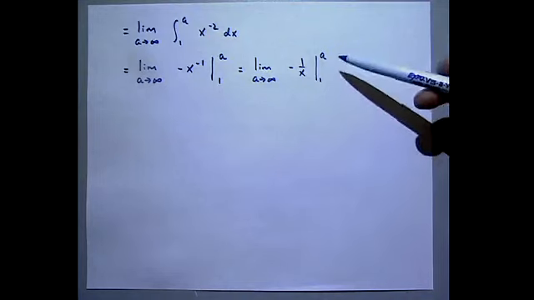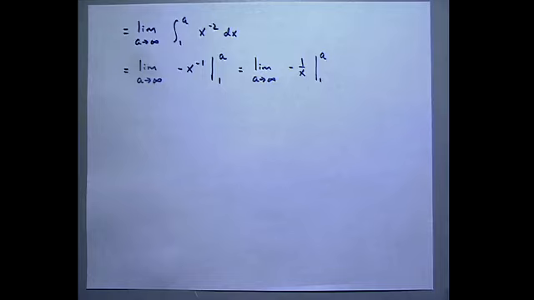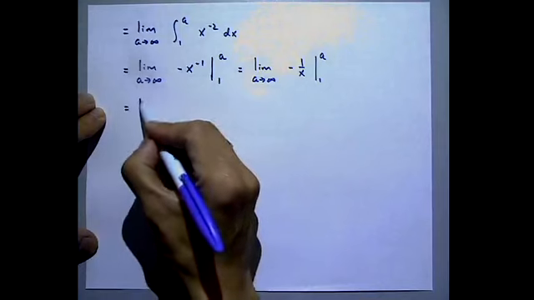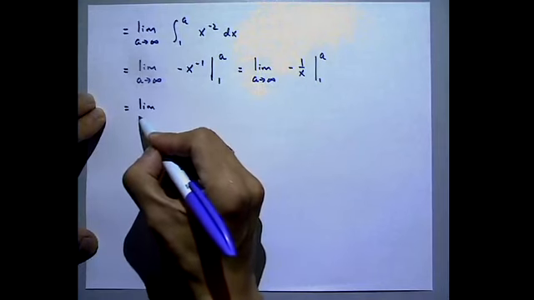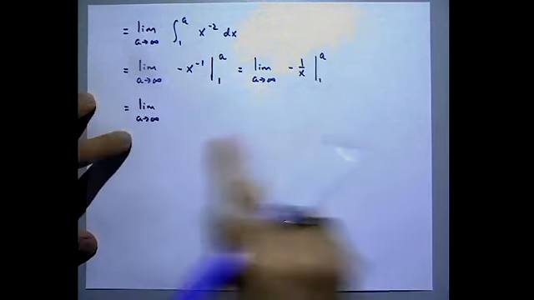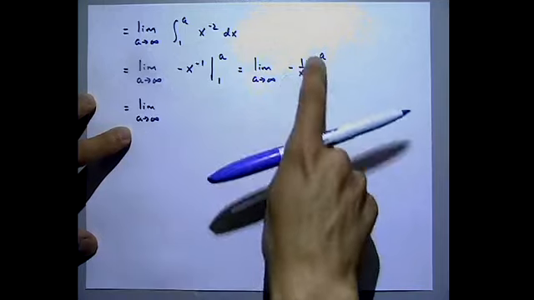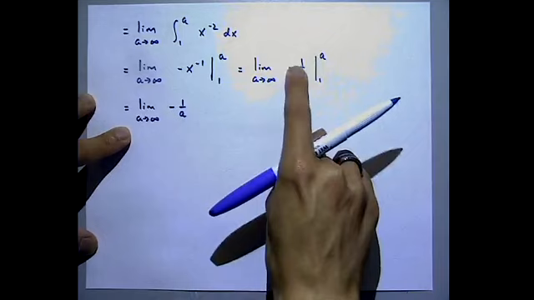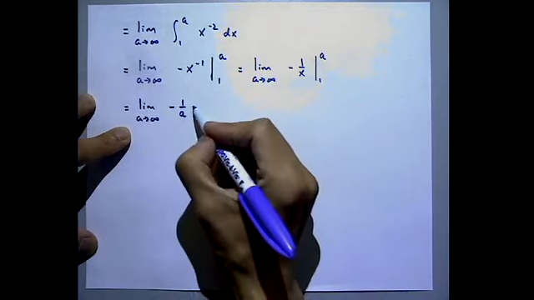And all this time, just remember that A is a number, treat it like a number, evaluate this thing the regular way, and then worry about the limit at the very, very end. So what do we get? We get negative 1 over A minus 1 over 1, so plus 1.